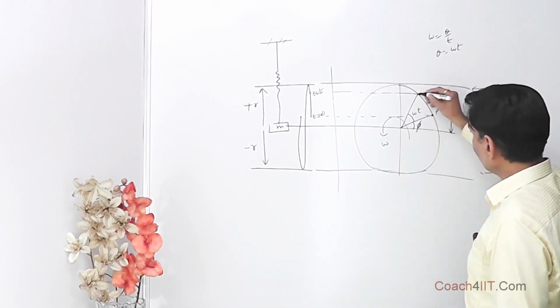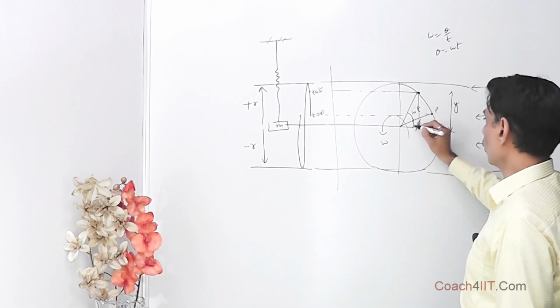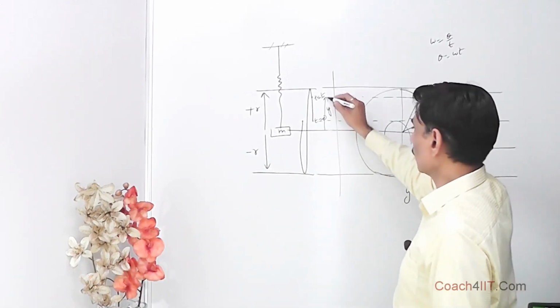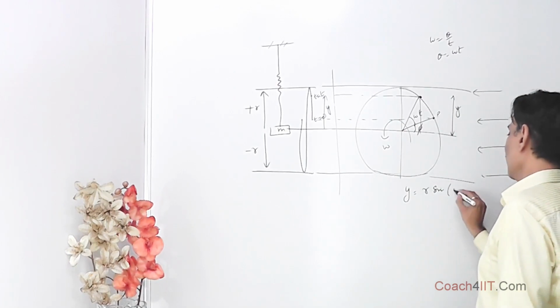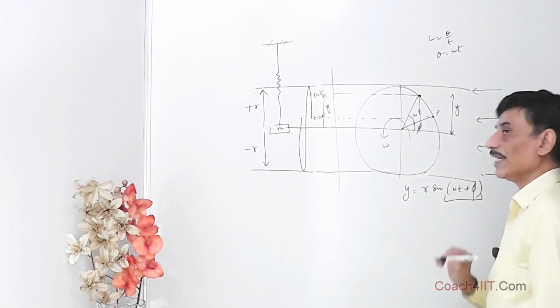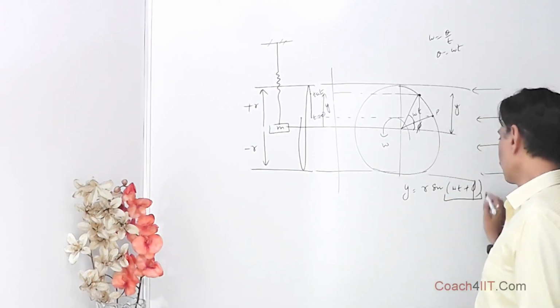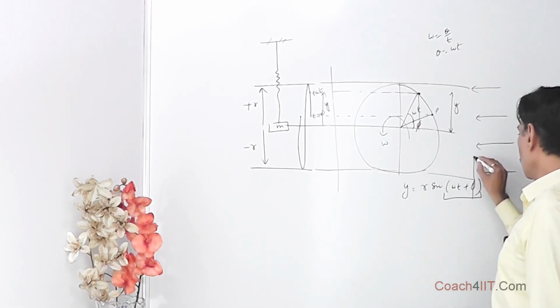But this y is going to be r times the sine of this whole angle. So from the mean position, this distance is y is equal to r sine of omega t plus phi. The argument of sine or cosine is called the phase, and phi is called the initial phase.